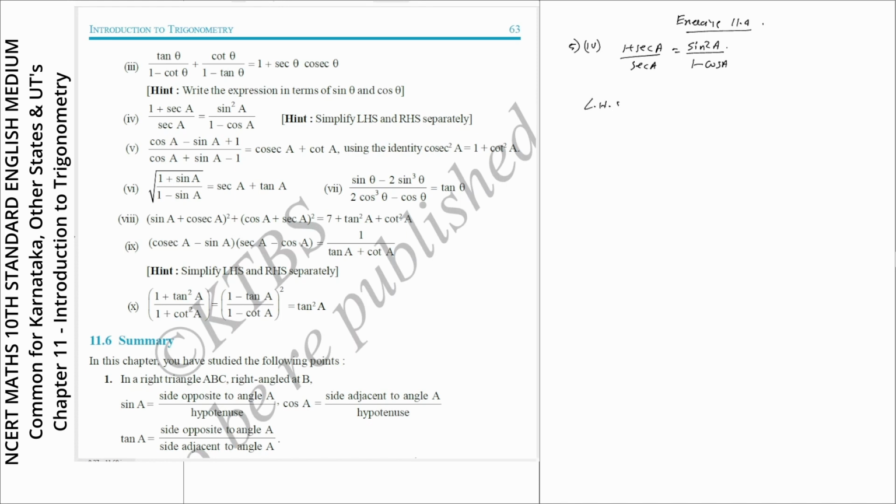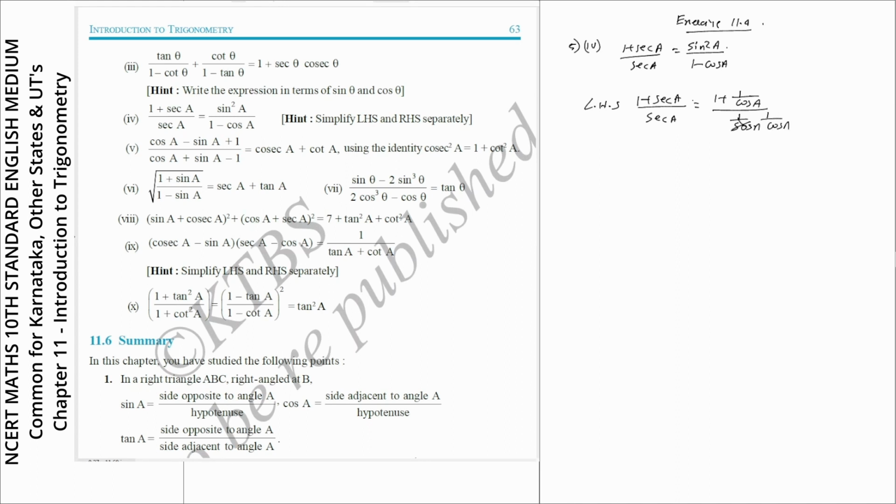So left hand side I will take, it is given 1 plus secant a by secant a. So this is equal to, now what I will do is, in place of secant a I will write 1 by cos a. So secant a is 1 by cos a, by 1 by cos a.